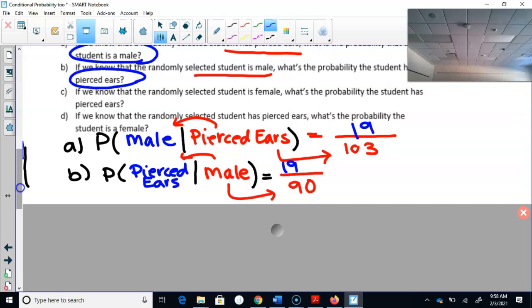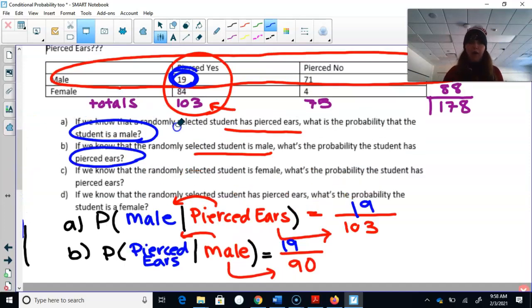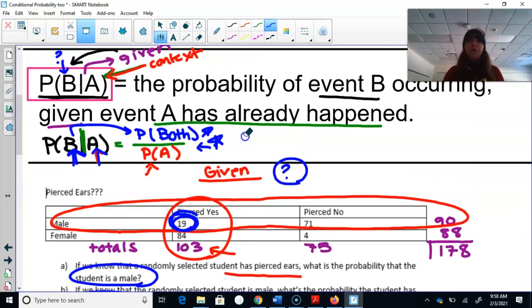Okay, so let's recap really slow together, just in case you're a little confused. What are we talking about? First of all, we have a new definition: the probability that one thing happens given another thing has already happened. When we're figuring out the probability, we want to put this given in the denominator.